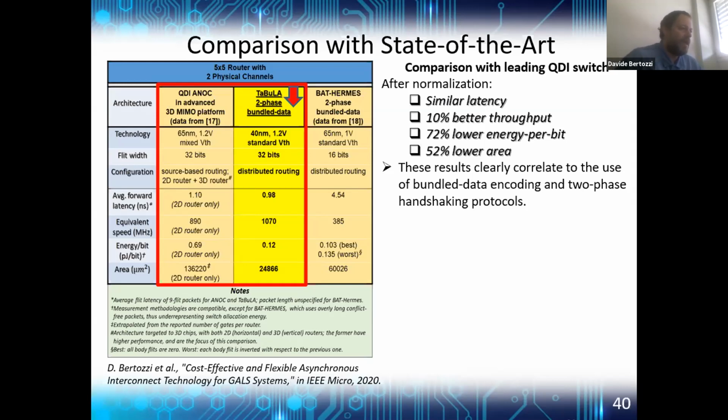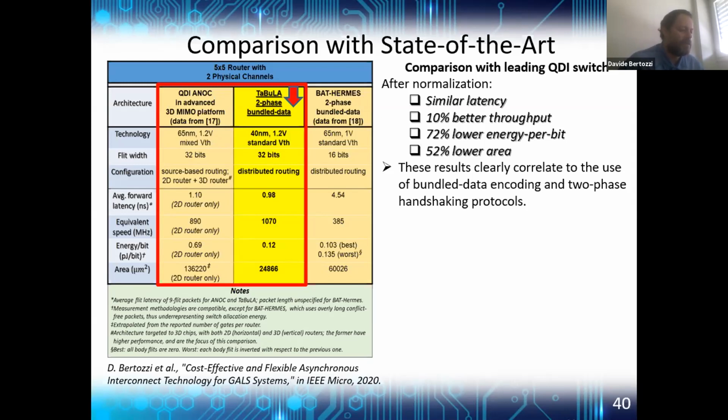However, this QDI architecture is extensively optimized because it tried to amortize over time the performance penalty of the four-phase communication protocol, through deep pipelining of its completion detection logic and using several optimization features in the synthesis tool flow. So it has been aggressively optimized across generations, and therefore it's able to limit the comparison against the two-phase bundle data NoC to 10% better throughput for the latter.